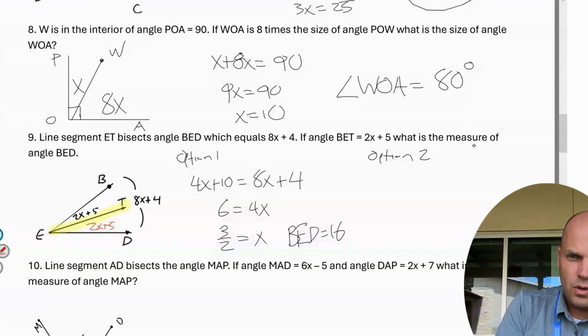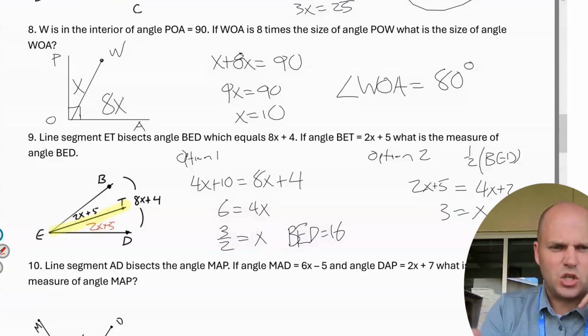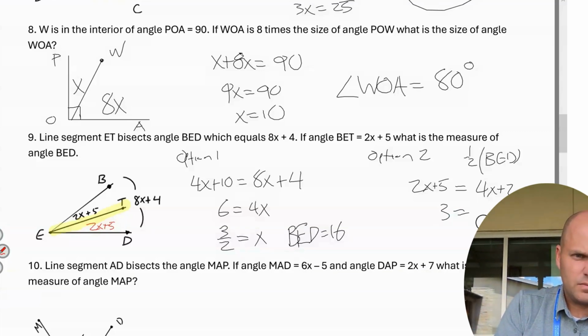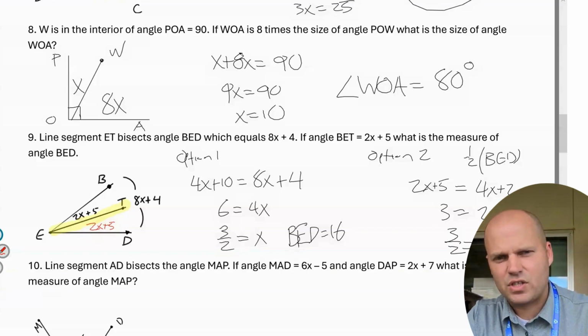Option 2, what is 1/2 of BED? A half of BED is 4x plus 2. You could say 4x plus 2 has to equal 2x plus 5. And that is another way to get 2x equals 3, x equals 3 halves. And then find angle BED by plugging in 3 halves.